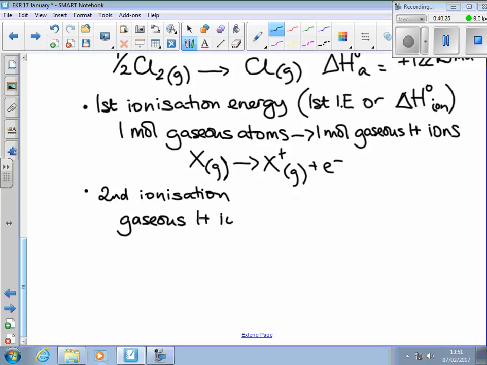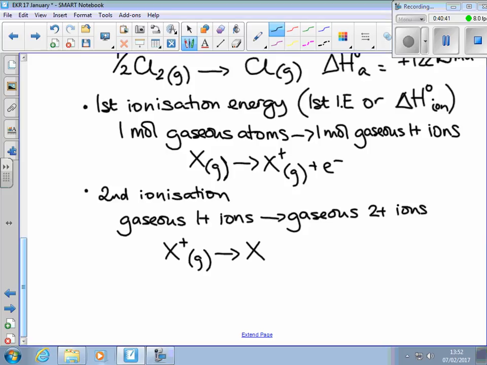1+ ions to gaseous 2+ ions. In other words, it would be from our X+ that we've got there to X2+ and another electron. So it's a separate step.